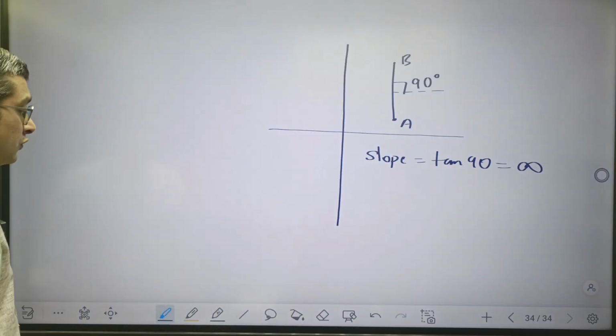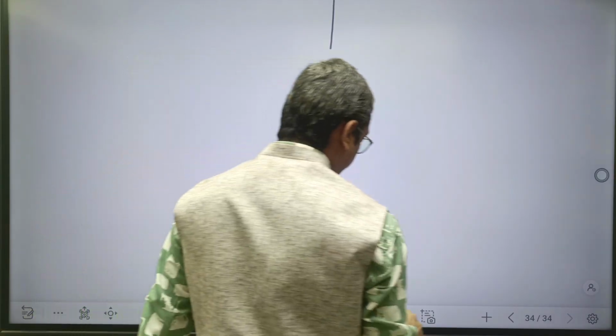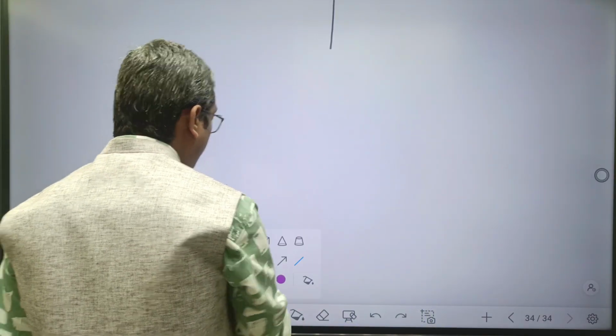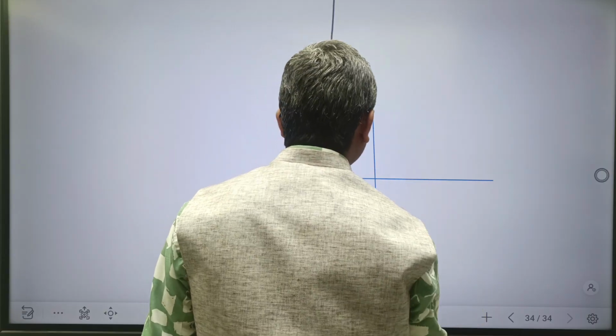So that's all. One very important thing, dear students, finally I am summarizing it. Whenever you need to find the slope, you have to take an angle.